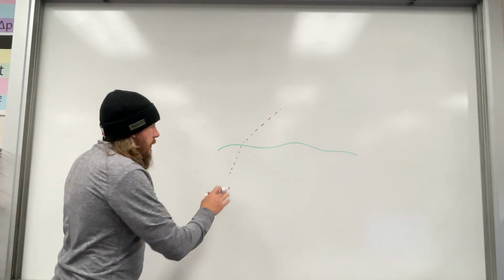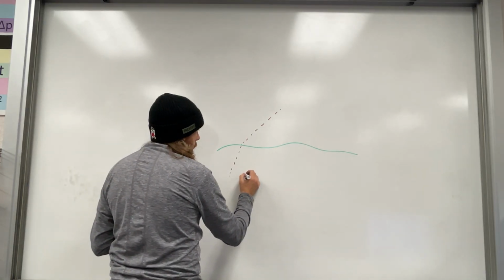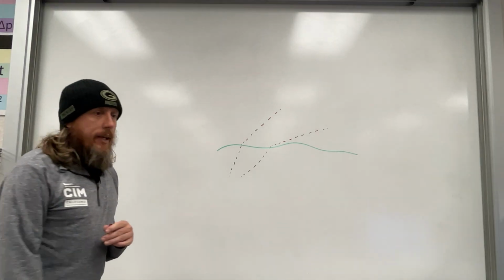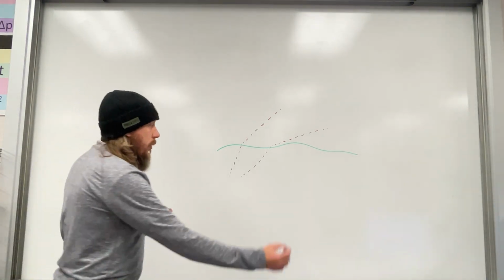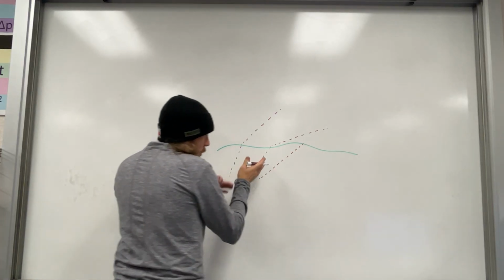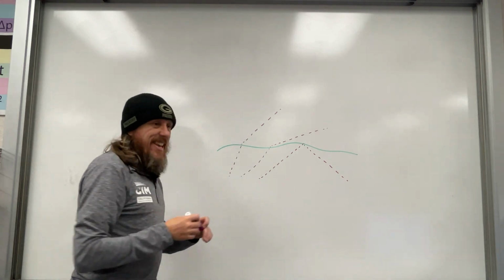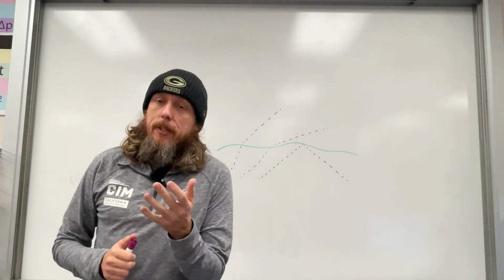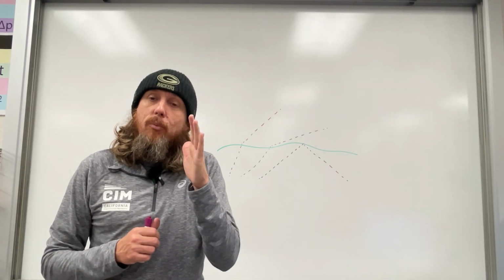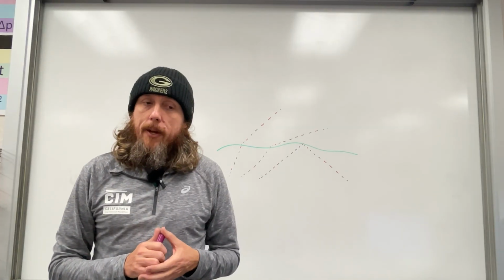Now, if I keep changing this over more and more, so maybe I'm going this way, it's going to bend it more, and we can actually get to a point where we come in at such an angle that it redirects and bends it so much that we have internal refraction, where it bends the light so much that it actually reflects back into the material where we're going, okay?